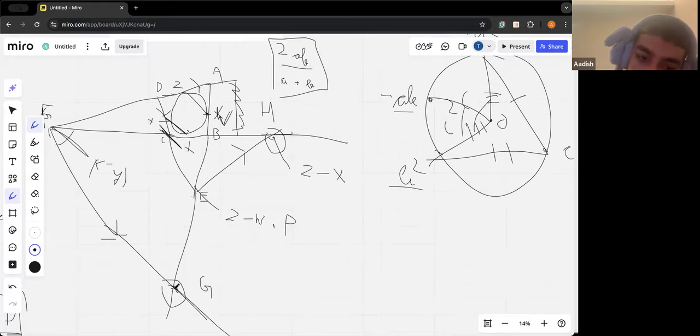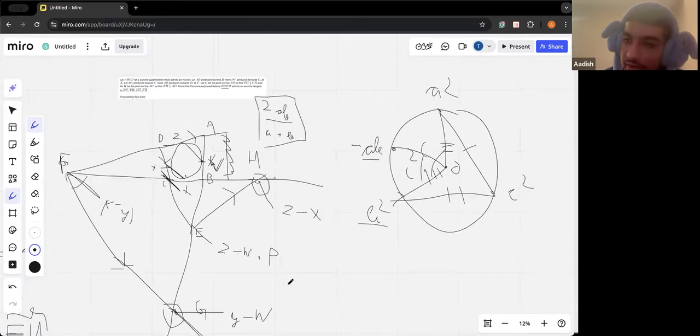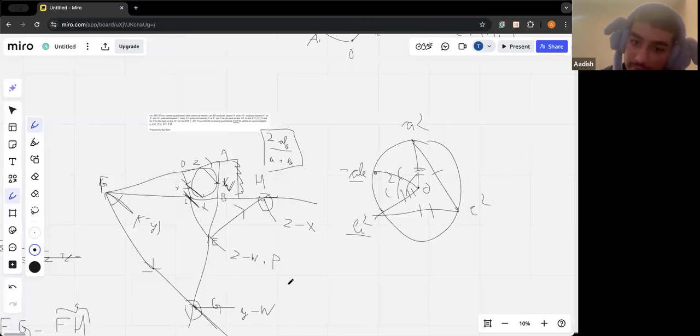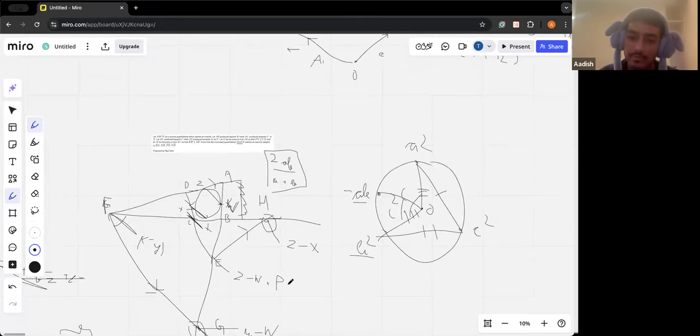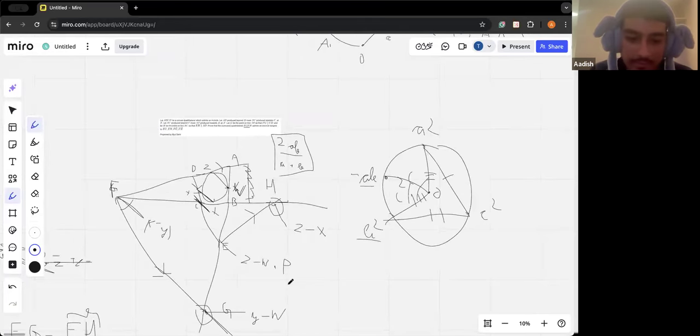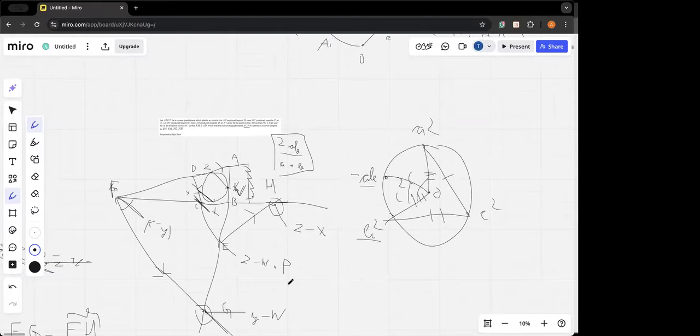And I think this will be Y minus W. Oh yeah, that looks surprisingly good. Everyone fine with this? It's Z minus X.